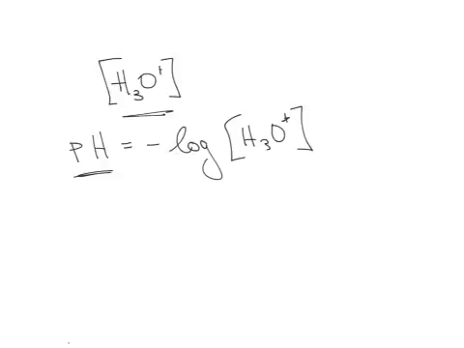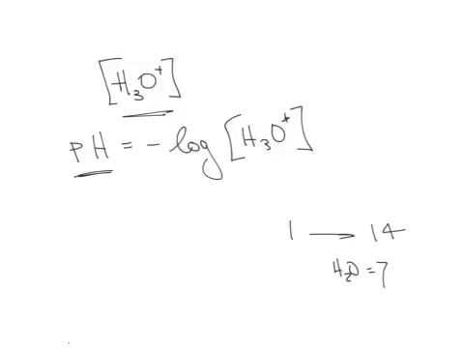You have a scale from 1 to 14, and pure water, H2O, has a pH of 7. If we have a number that's less than 7, they're called acids. If they are greater than 7, they're called bases or alkalines. You don't have to know all of that stuff, but it gives you a little bit of an idea of what we're getting into.